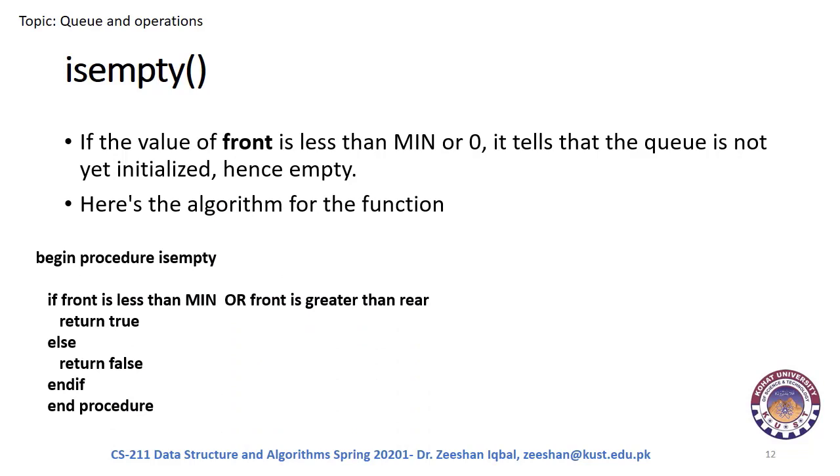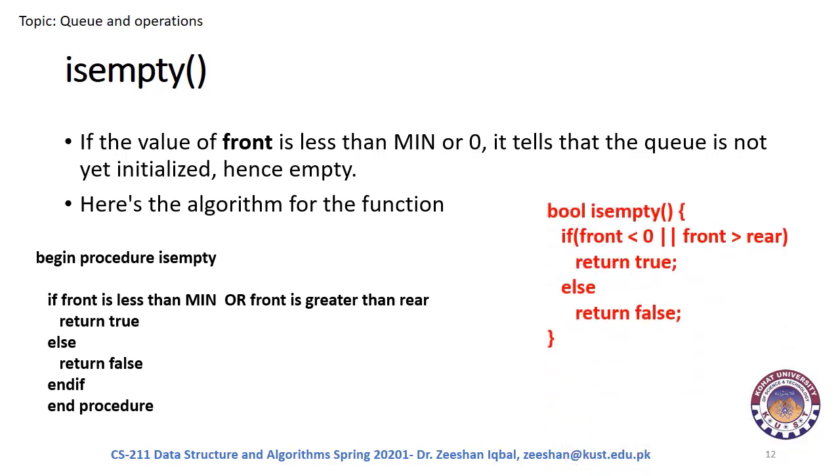If front is less than 0 or front is greater than rear, return true. In the else case, we have to return false, ending the isEmpty procedure. The C program for the isEmpty function is written as: if front is less than 0 or front is greater than rear, return true. In the else case, we have to return false.